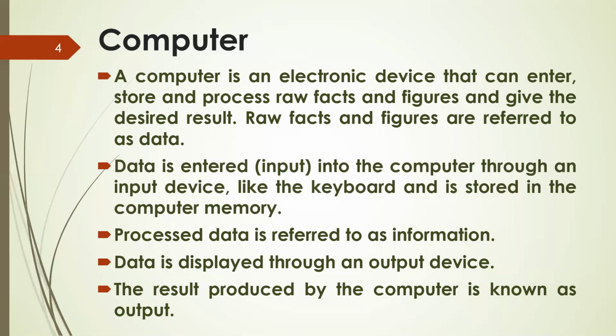Output is displayed on the computer screen, that is the monitor. So how the computer processes when we enter input, and how it gives the output as a result, is now clear.